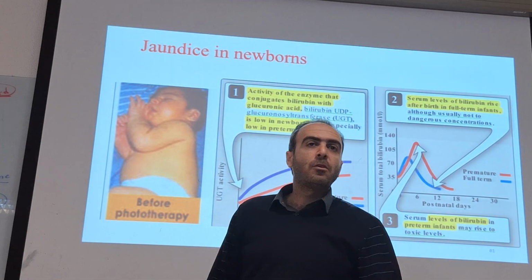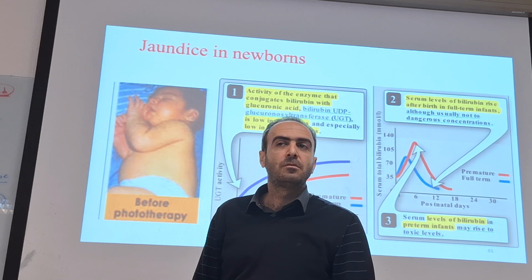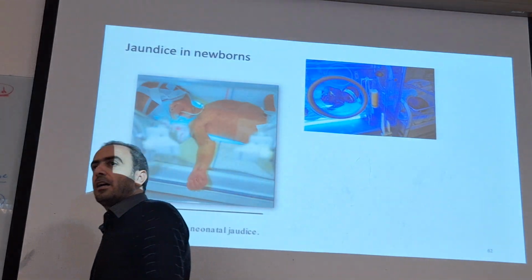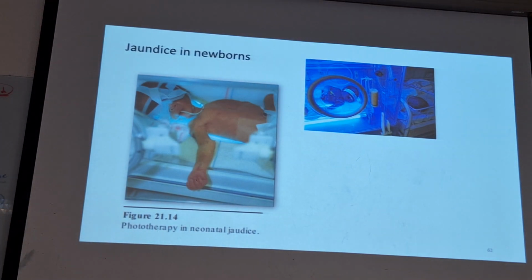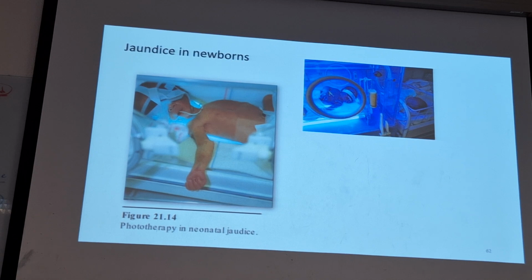So you can look at the baby with jaundice, and what are we going to do for this child? Phototherapy. Actually, there are some machines which produce a blue light. Blue light.